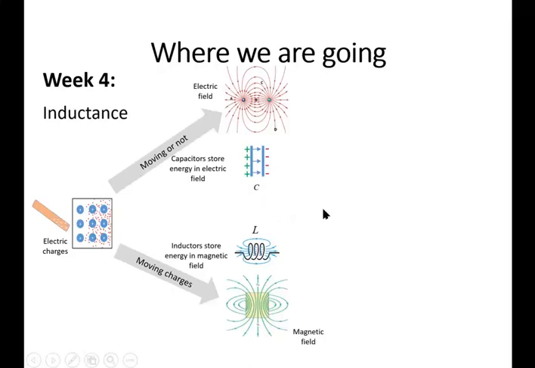In the fourth week, we talk about the inductors. What inductors do is store energy in magnetic field, compared to what the capacitors also do. Capacitors store electric energy in electric field, and the inductors store energy in magnetic field. We'll see how these two behave.